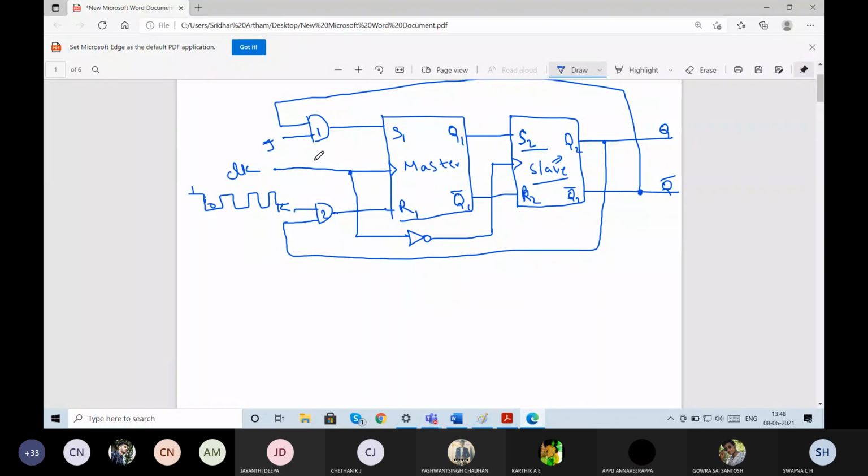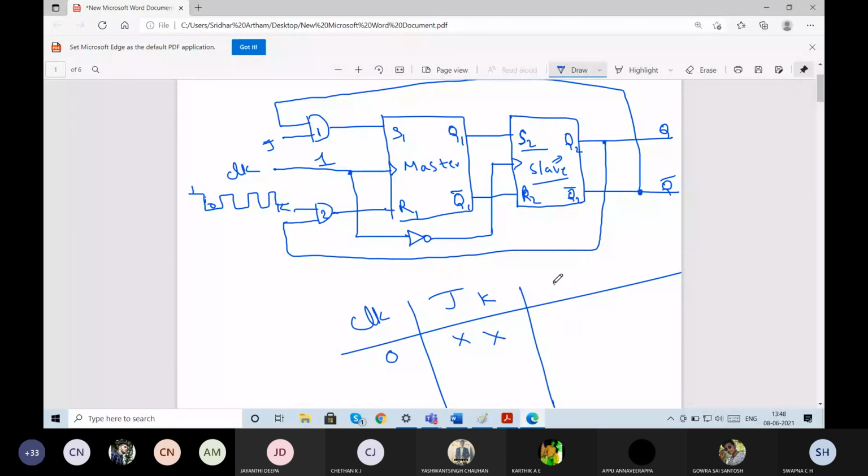If the clock is 1, what happens to the master? The master will change its values. If you check the truth table of the JK flip-flop, when the clock was 0, irrespective of J and K, the next state Qn plus 1 equalled Qn.